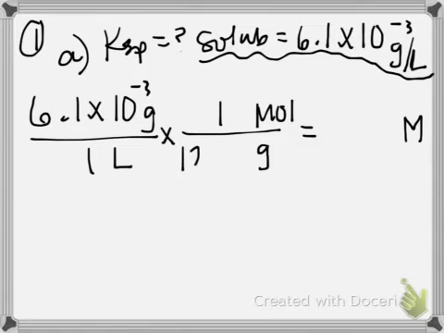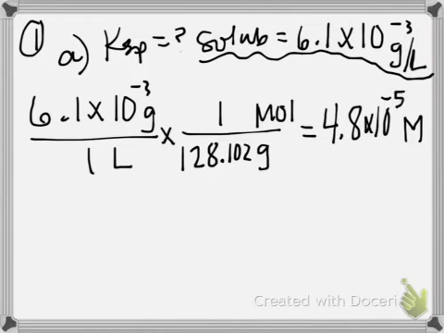Adding all that up, the molar mass is 128.102. So we divide these two numbers, and we get that the molar solubility for this compound is 4.8 times 10 to the negative fifth. So again, this number is what I'm going to remember. That is the molar solubility of the compound calcium oxalate.